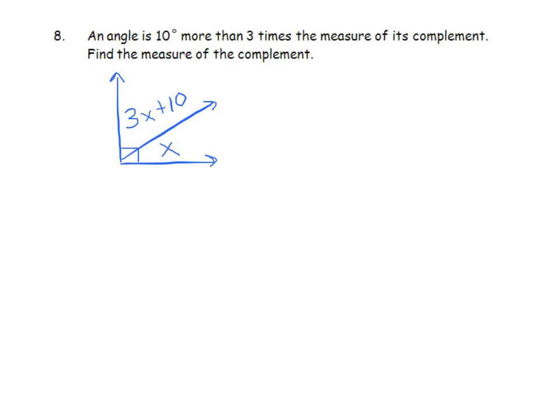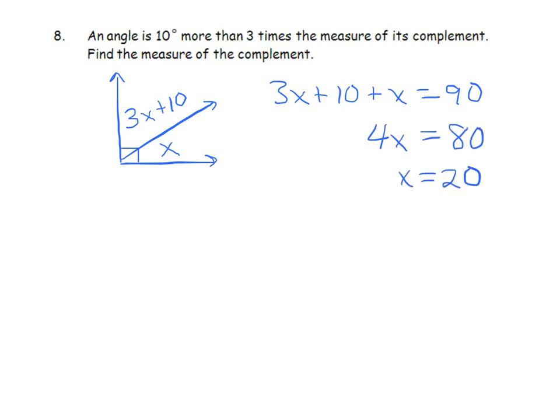Now that we have both of these angles labeled and they are complementary, that means the sum of their measures is going to equal 90. So there we go. If we solve this out, we get 4x equals 80. So then x is 20. It said find the measure of the complement. That's what we had labeled first, was our complement. That means our complement is 20 degrees.